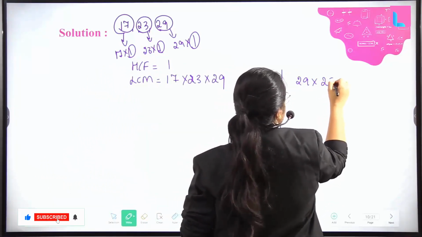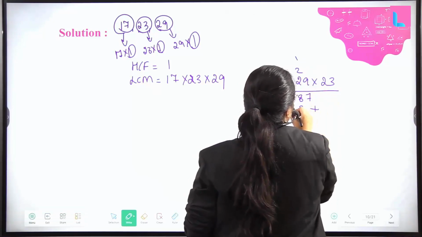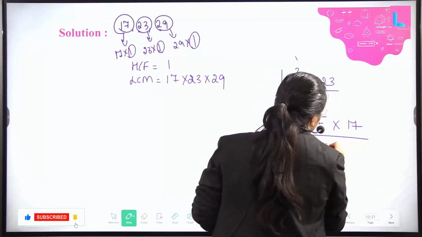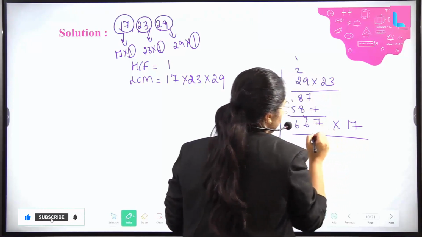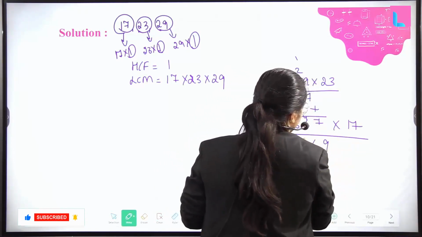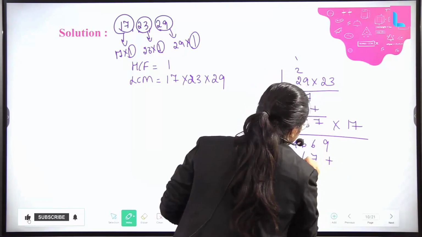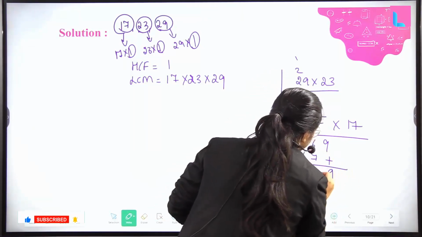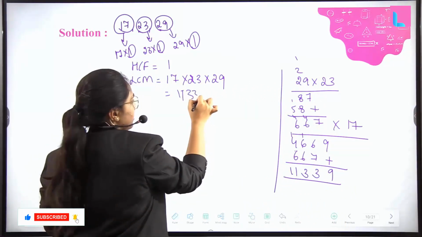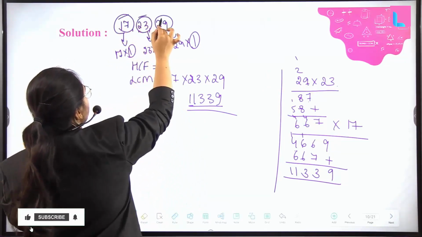First 29 into 23, into 17. In this question, since we don't have any common multiple, the HCF remains as 1 and the LCM is the product of all these three numbers, 17, 23 and 29.